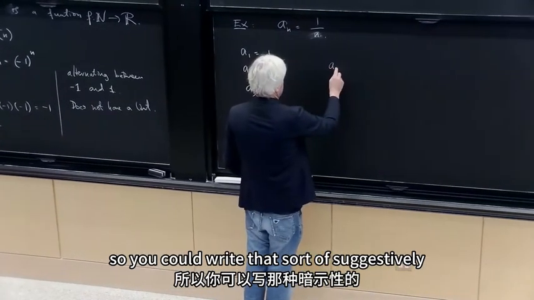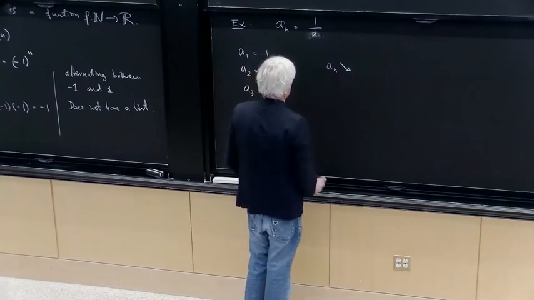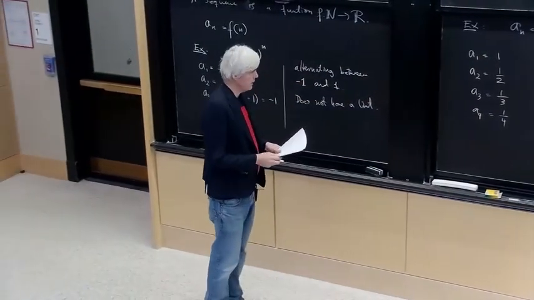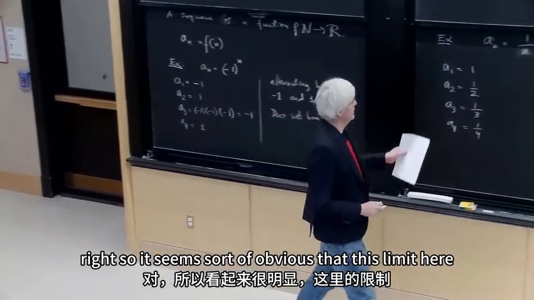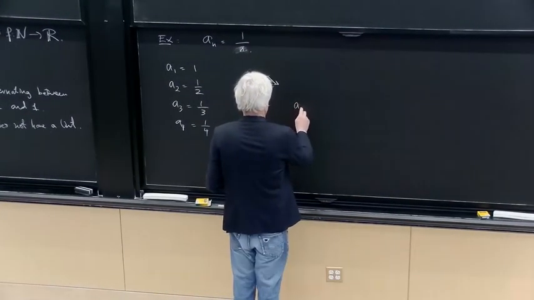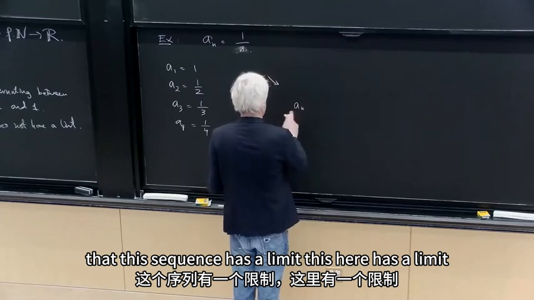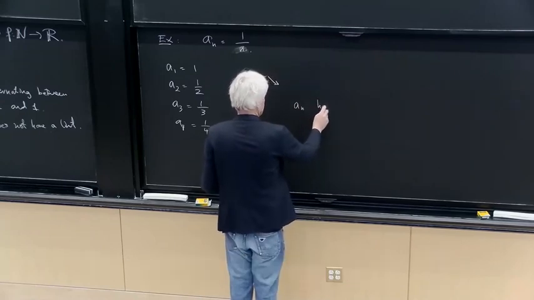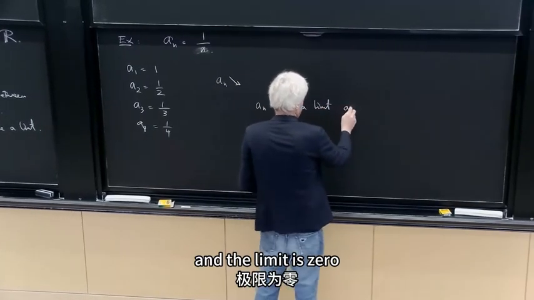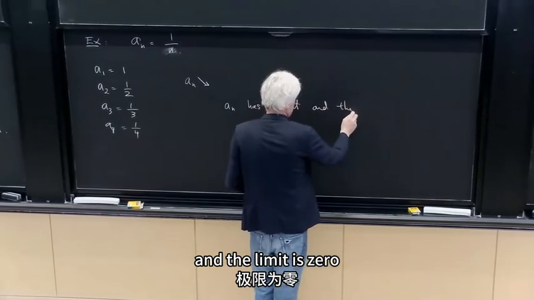So you could write that suggestively, this here is going down like that. And so it seems sort of obvious that this sequence has a limit, and the limit is 0.